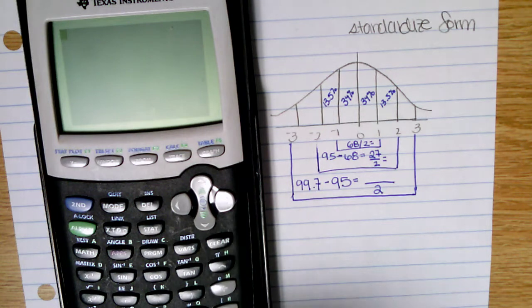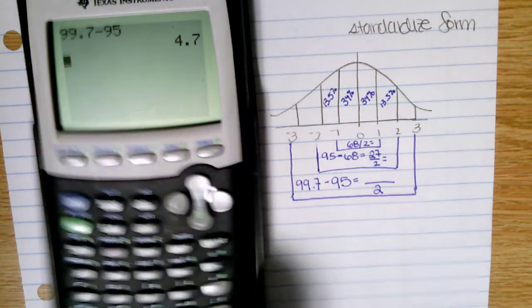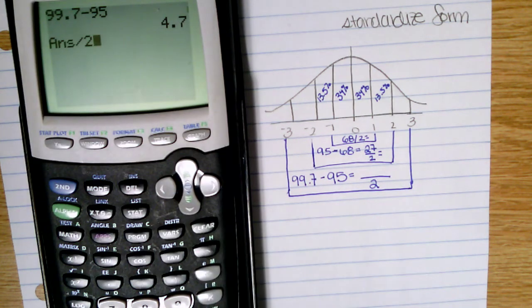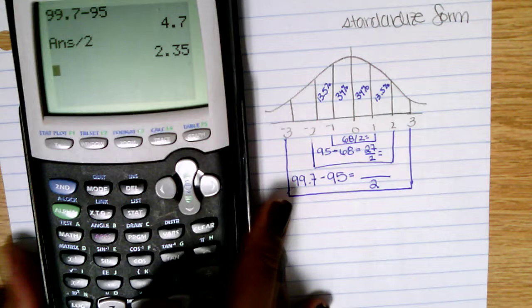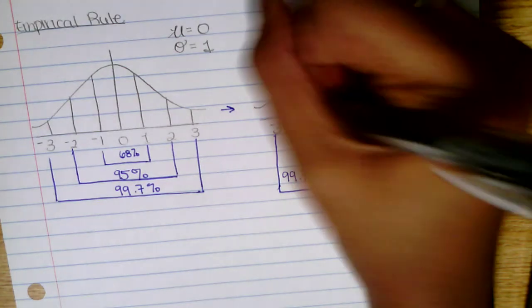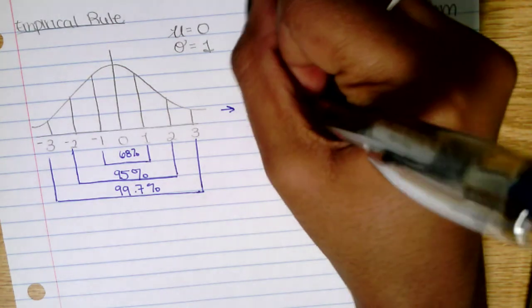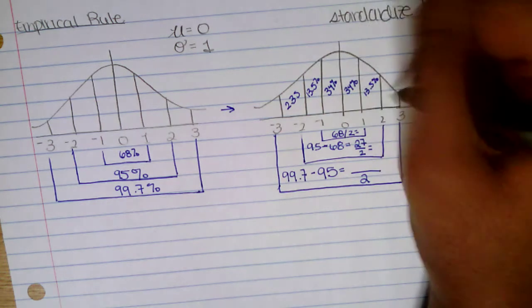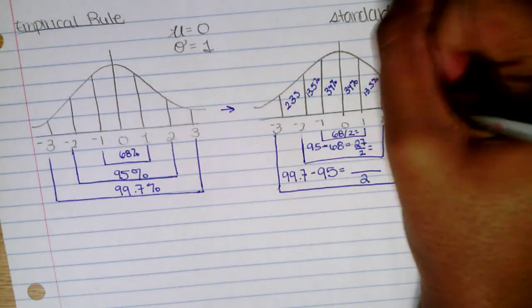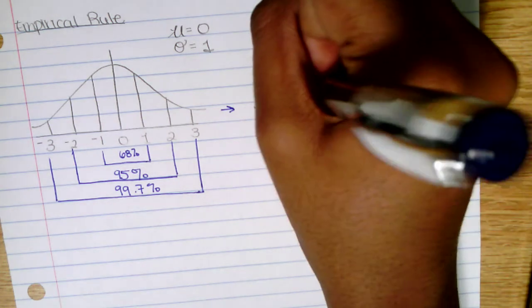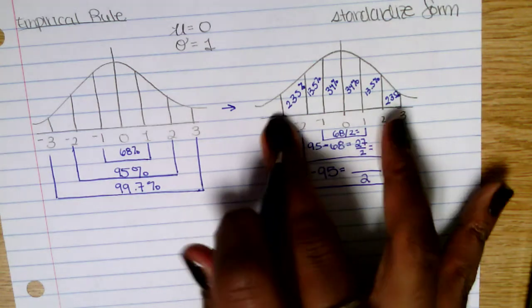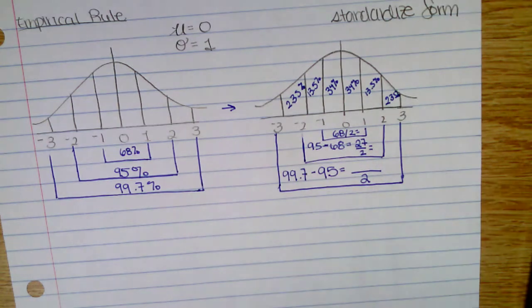Just to be clear, 99.7 minus 95 gives us 4.7, and we divide it by 2, and we get 2.35. So that means in this last portion, there is 2.35%, which means there's a little tiny bit left over.